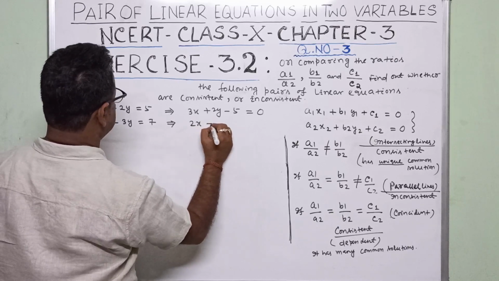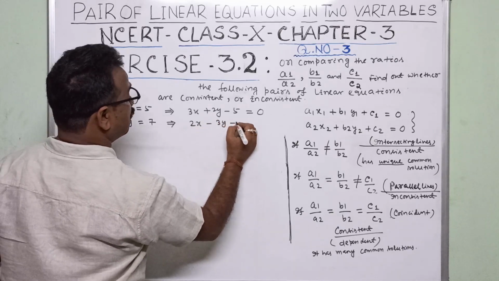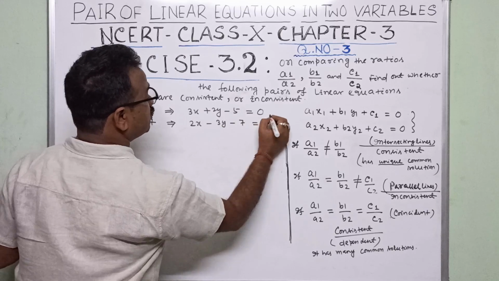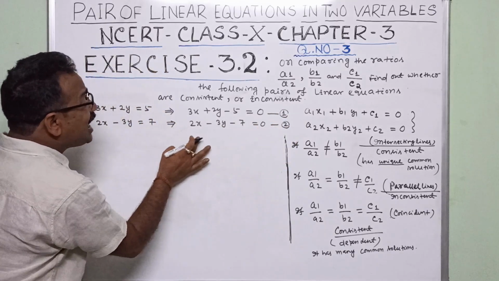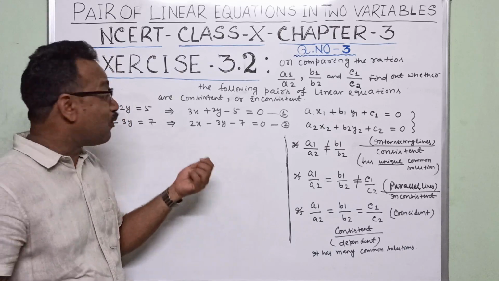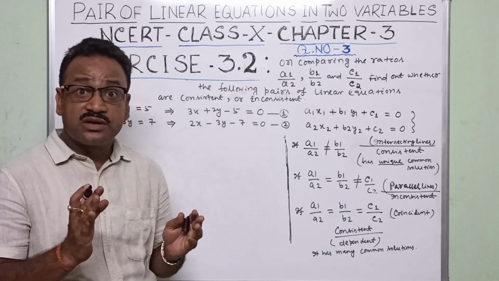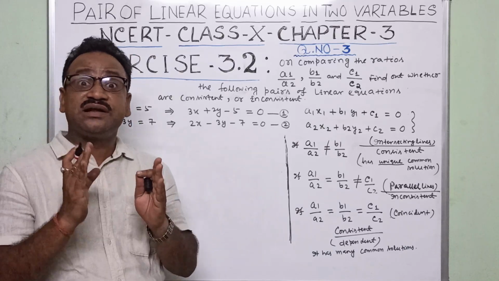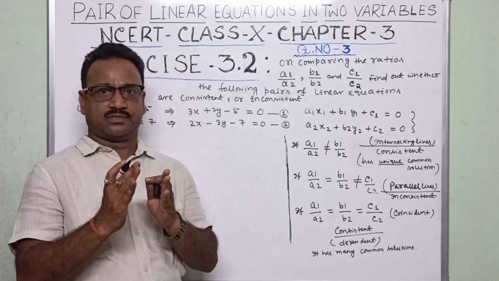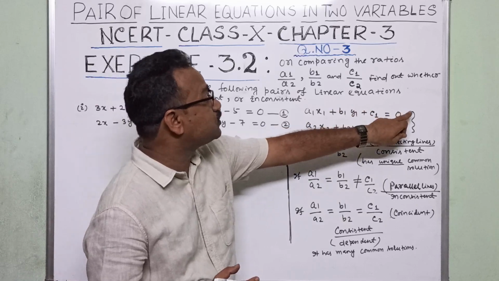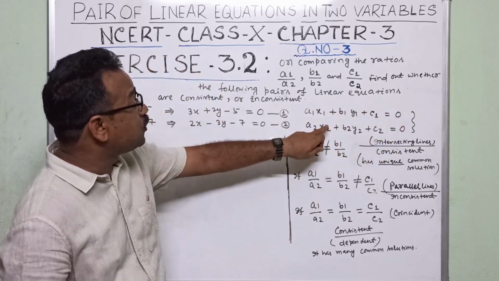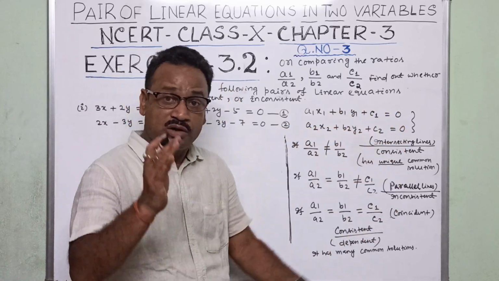I will write 2x minus 3y minus 7 is equal to 0. Equation 1, equation 2. Why will I write like this? Because that should be written in the standard form a1 x plus b1 y plus c1 is equal to 0, a2 x plus b2 y plus c2 is equal to 0.